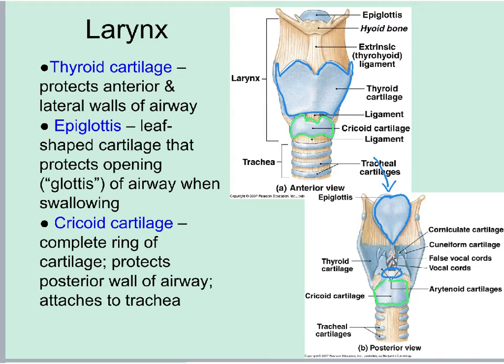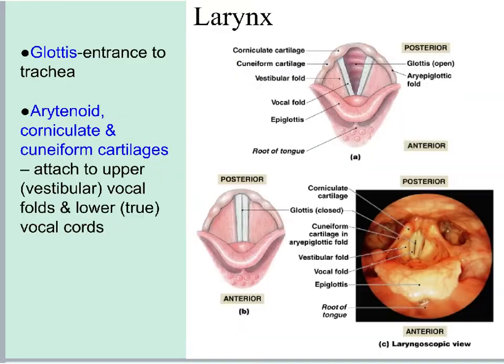And so it's a complete ring of cartilage all the way around the larynx, and it protects the posterior side of the airway. And it also anchors the larynx, which is this entire structure, to the trachea, which is this structure. So it has a couple of different functions in that respect.